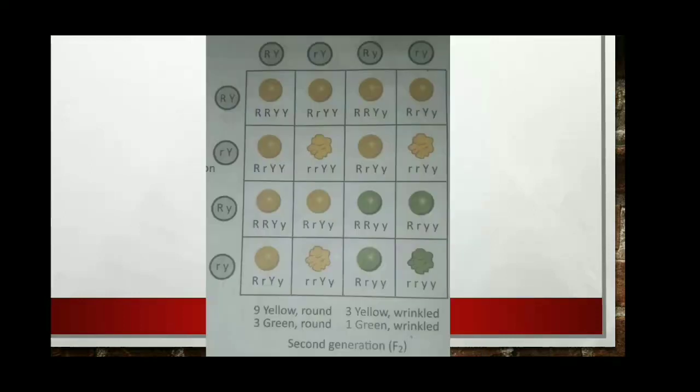We know round is dominant over wrinkled, yellow is dominant over green. So first, for round and yellow, the genotype must contain at least one capital R and one capital Y. Let's find wherever at least one capital R and one capital Y is there.